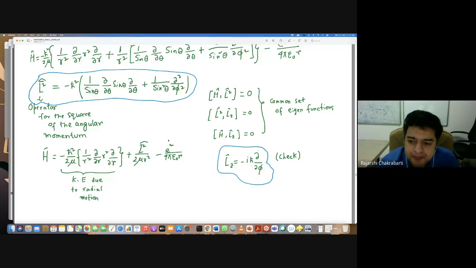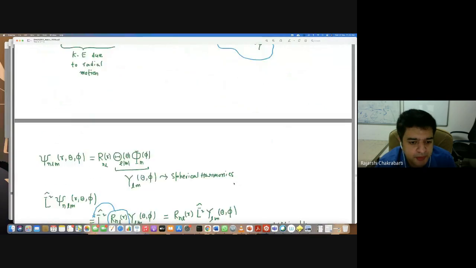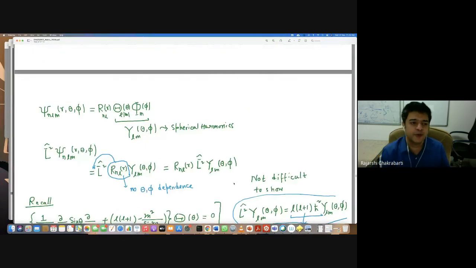Clear? Also, Lz has this expression minus i h cross del del phi. You can check yourself. So we go back to the hydrogen atom problem. The total wave function is given by what? Radial part times angular part. What is that angular part called? Spherical harmonics. It depends on theta and phi and depends on two quantum numbers, L and M. So you know how these quantum numbers are coming.